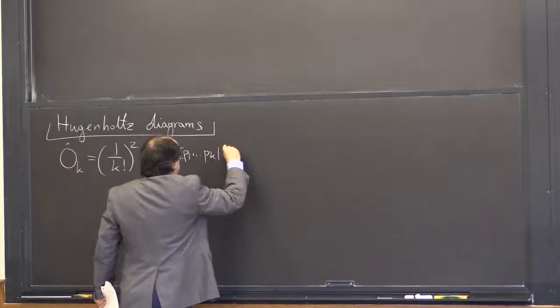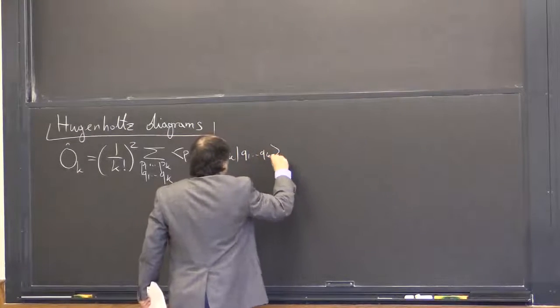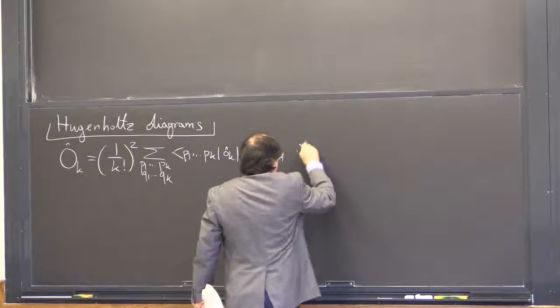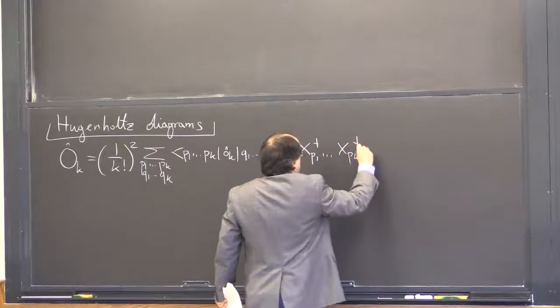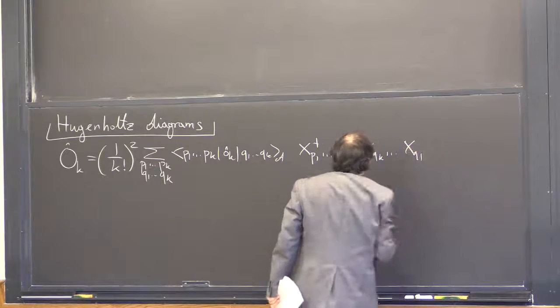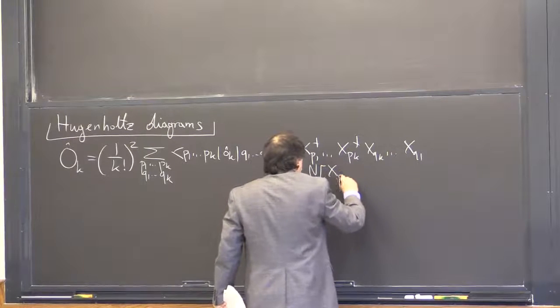We have an anti-symmetrized matrix element, P1 through Pk, Q1 through Qk. And then we have the operator part, which can be written either in the standard form or in the normal product form, where you would form these x dagger x pairs.